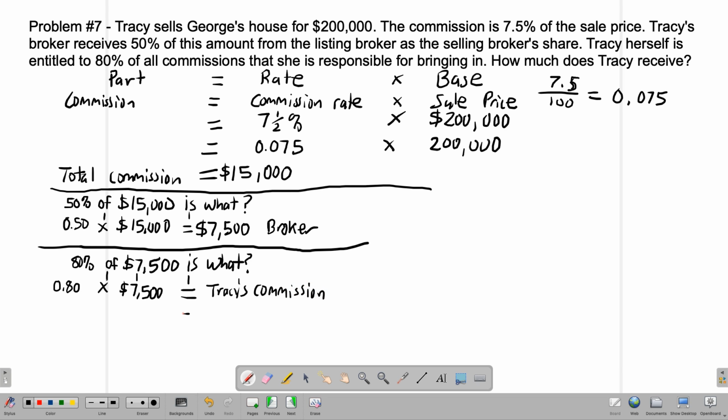So we're just going to compute what's on the left side of the equal sign. This becomes 7,500 times 0.80. Tracy receives $6,000. And this is what we wanted to show for our problem number 7.